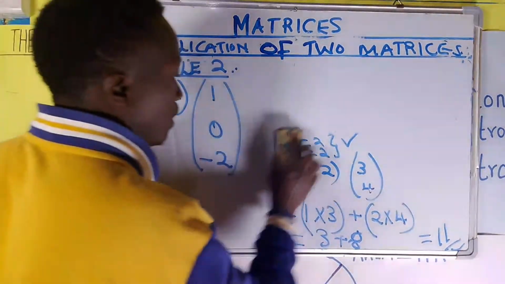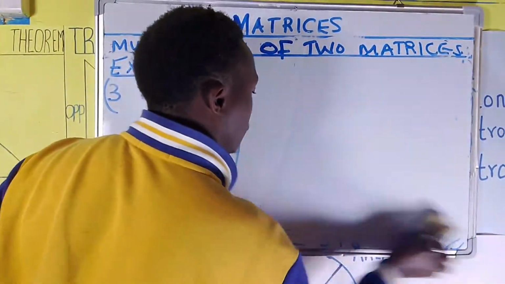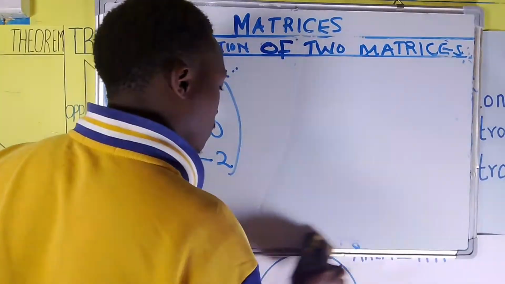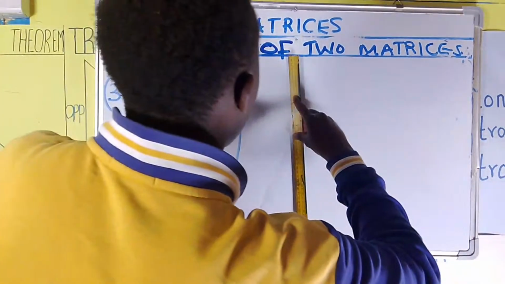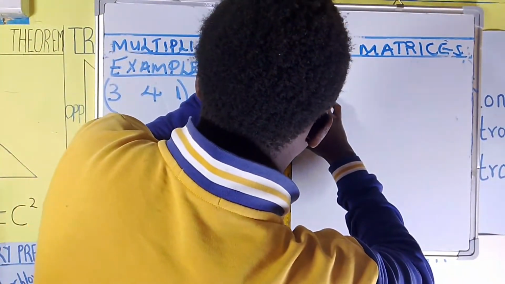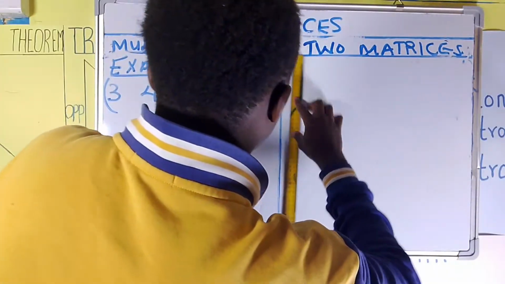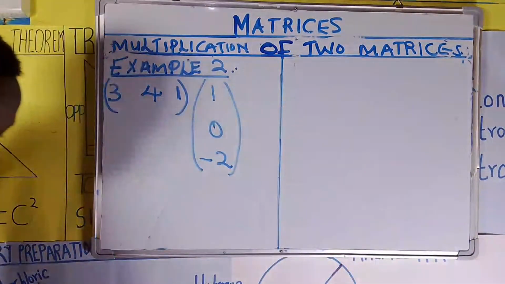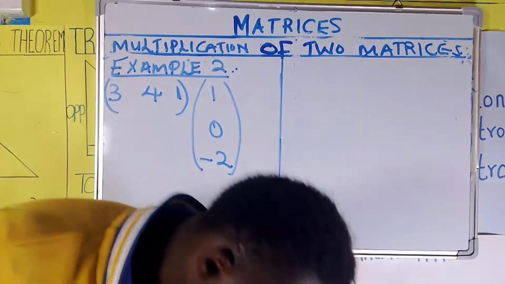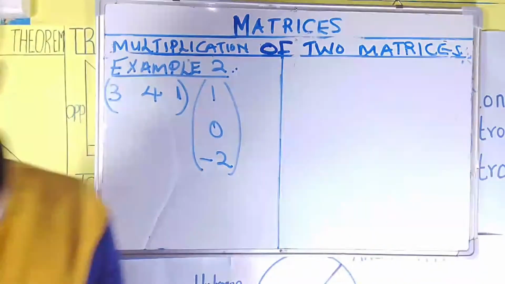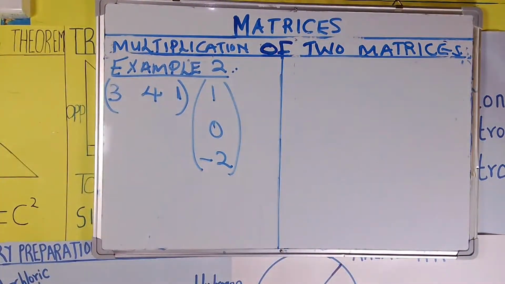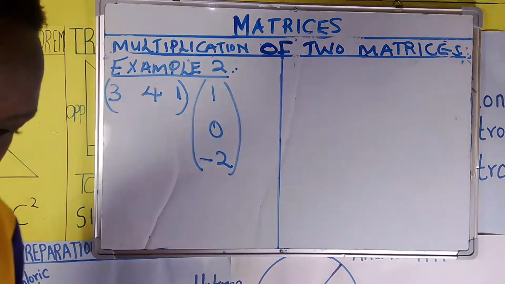I want us to multiply that one also. So I want us to multiply a matrix with a matrix.